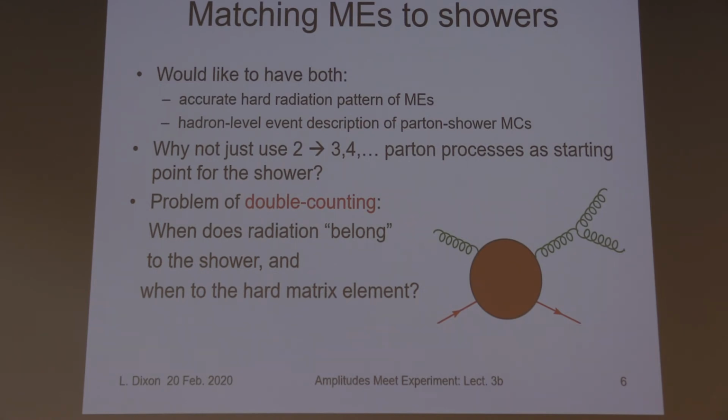But this brings up a question of double counting, because if you have an event like this, the question is, was this produced by a splitting in the Monte Carlo, or was it produced by the fixed order matrix element? And depending on where you are in the phase space, you should get sort of one answer or the other, but you shouldn't double count things, or else you'll get the wrong result.